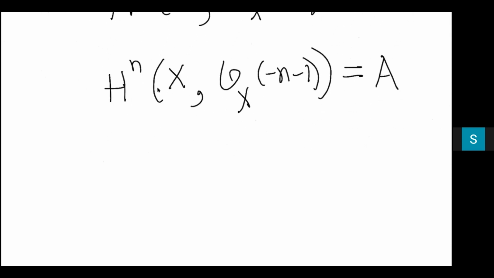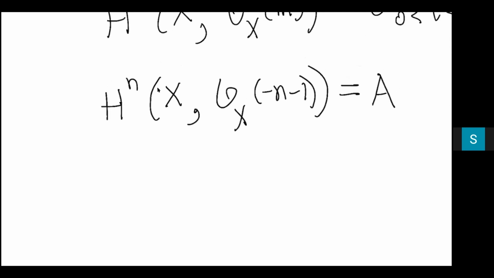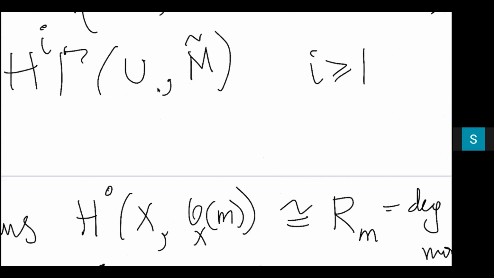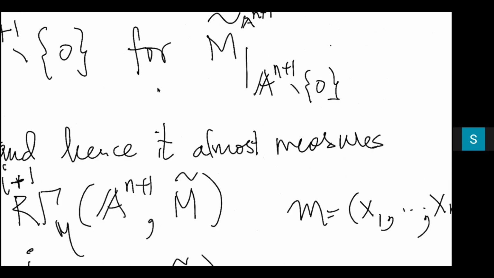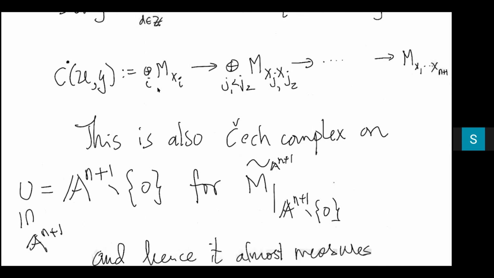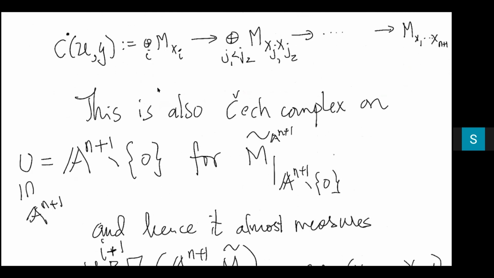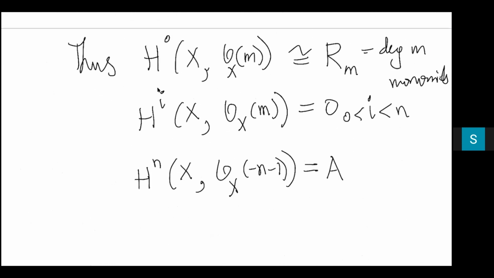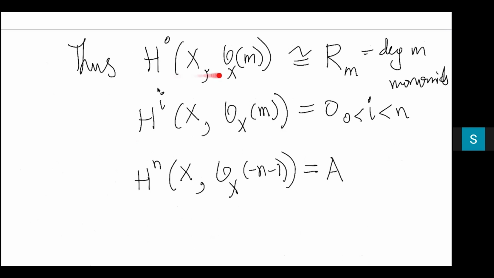All this follows from the fact that if you go back to this complex here, and pretend that A is a field and so it's a regular ring, then there is no homology except for R here and in the last spot. Using that fact, we see there is no homology in the middle. The zeroth homology will just give you R_m, the degree m part.